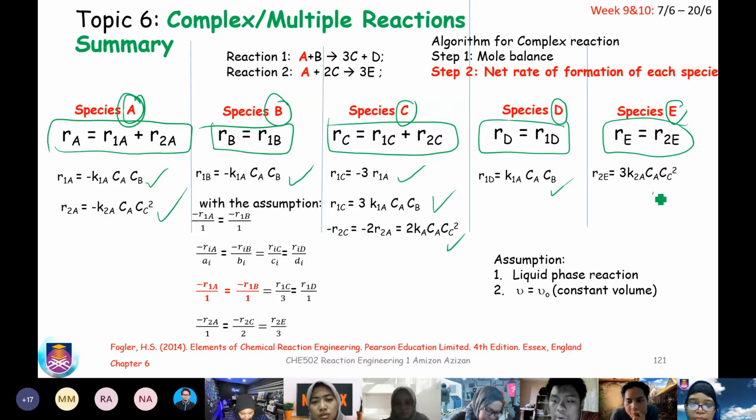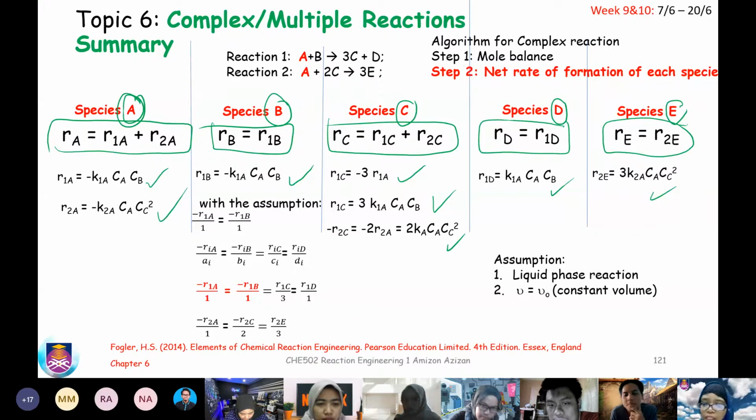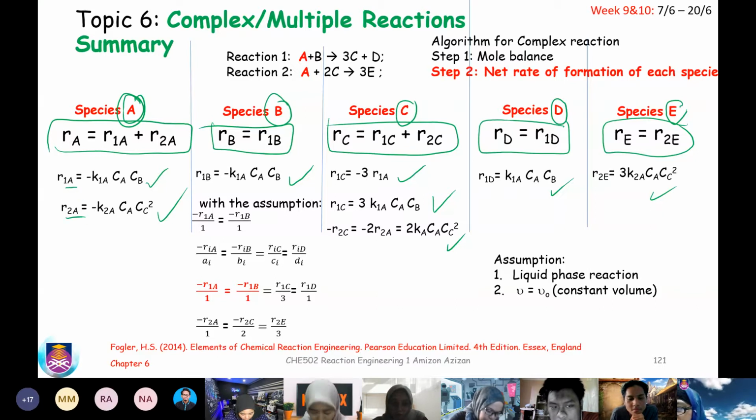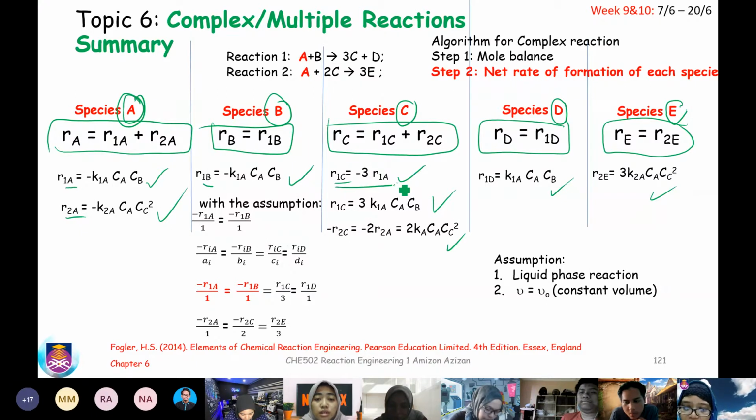I'm not going to repeat all of them, but you could see that we got ranges of rate of formation, yeah? Net rate of formation or rate of formation for the 1A, 2A, 1B, 1C. Of course, this is the lain sebenarnya 1C sini. 2C, 1D, 2E.